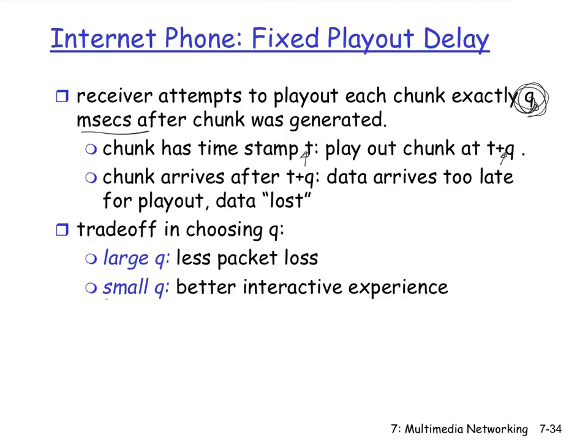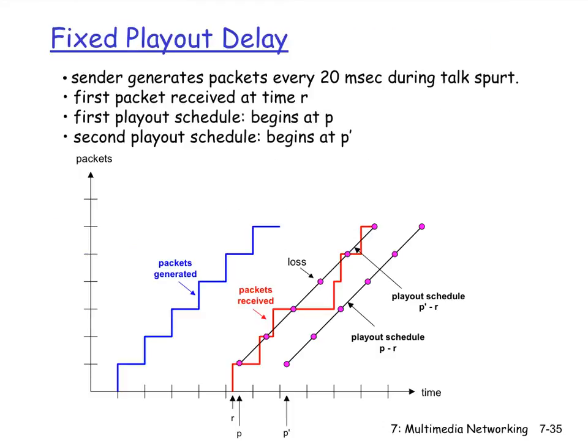So for a small q, the interactivity is good, the quality of the conversation is good, but the probability of delay loss is increased. That we can see from this figure here.